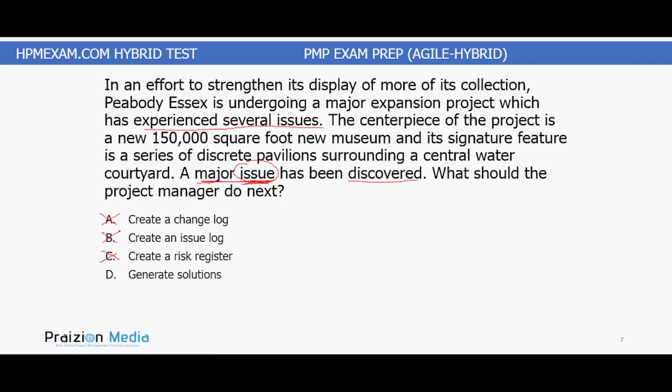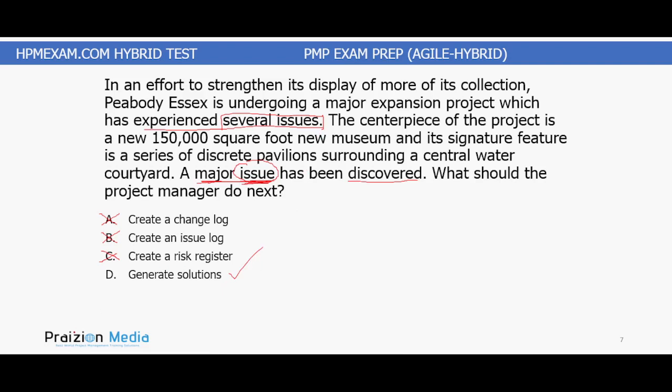So it cannot be that based on the logic of the question. Several issues, same project manager, same project. That should have already been done. We should already have a log of those issues. We should have already been learning lessons learned if those issues were dealt with. So the best option, my friends, is generate solutions.